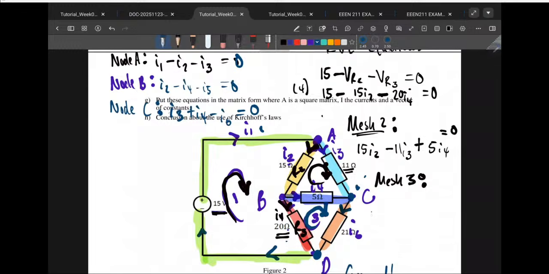Then we have R3, which is 20, so it's 20I4. Then here it's going to be minus 5I5. Oh my goodness.